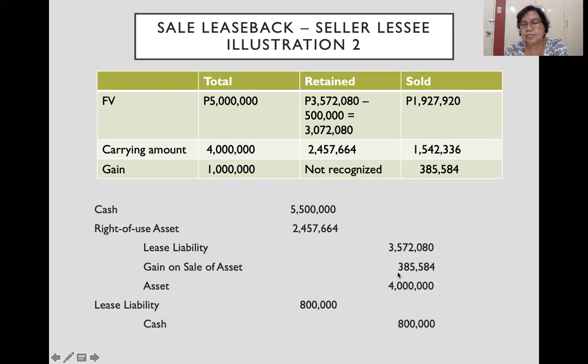Credit the asset at the carrying amount of 4 million and credit this gain pertaining to the portion sold, 385,584. Then record the immediate payment of the first rental, which is due immediately. Debit lease liability 800,000 and credit cash for 800,000.